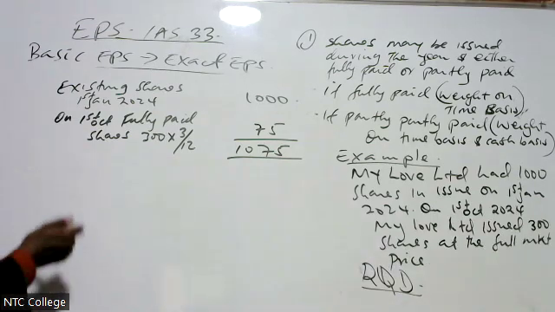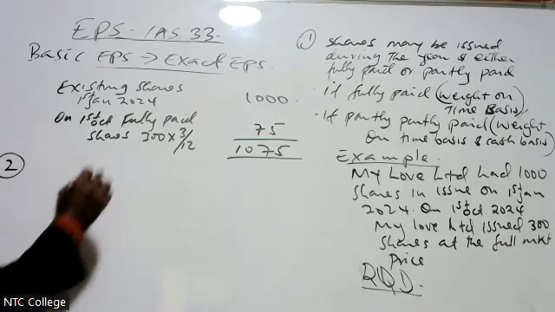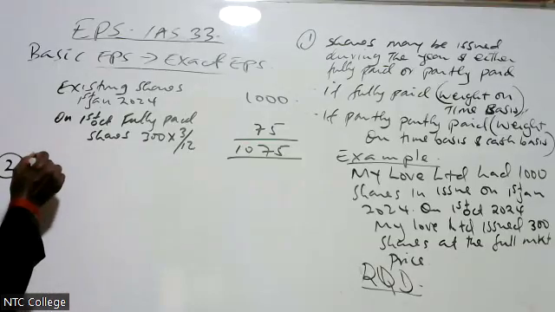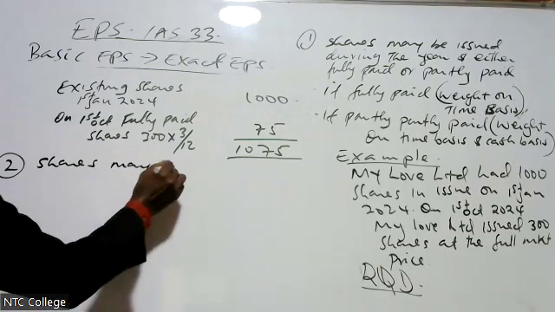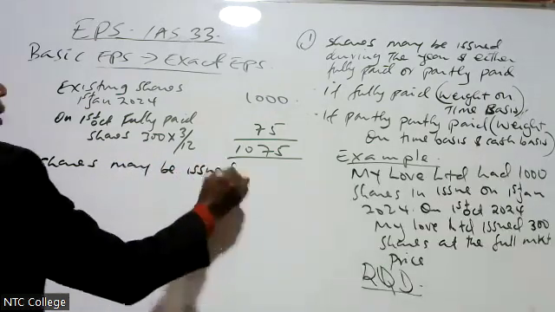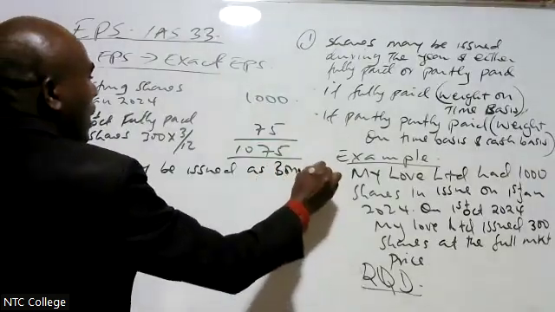Number two item that will make a change in the number of ordinary shares, leading to the denominator referred to as one-offs or weighted average, is shares may be issued as bonus shares.